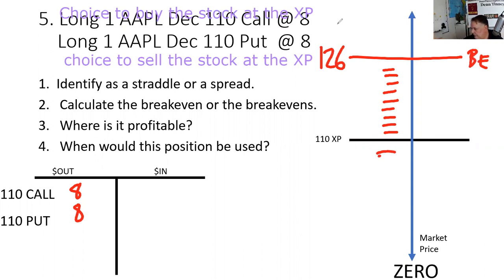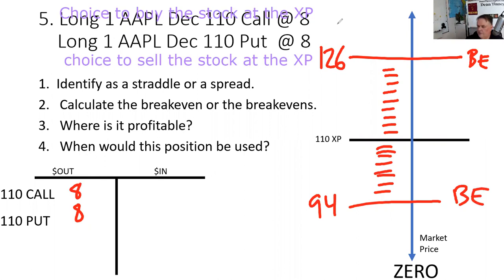We subtract it from the put to get our downside break even. 110 minus 16, probably should use my calculator. My arithmetic is terrible, and you don't want to be missing questions because of arithmetic. 110 minus 16. My downside break even is 94.